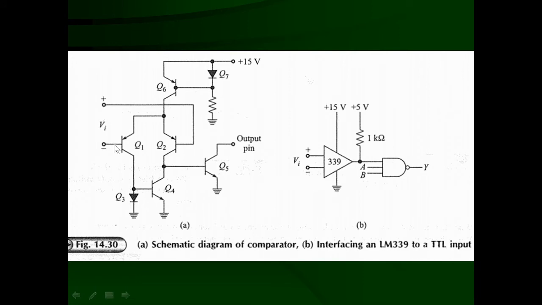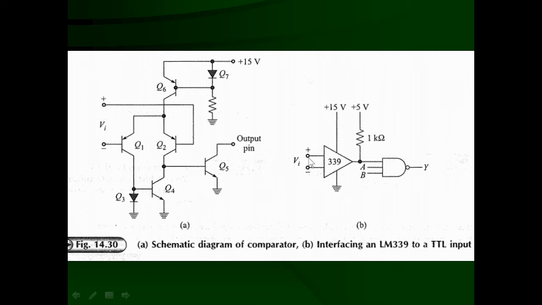This is a schematic circuit diagram of LM339. This is the logic circuit diagram of this interface between 339 and TTL inputs. So you can see that these are the two inputs.